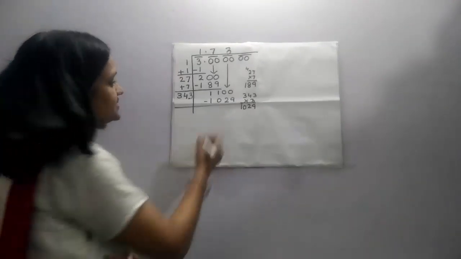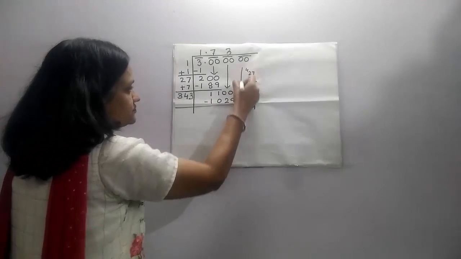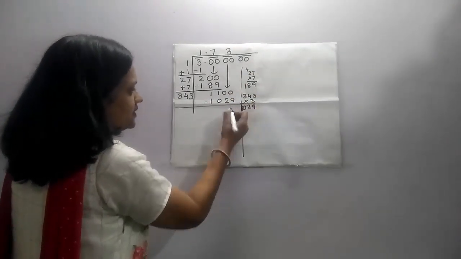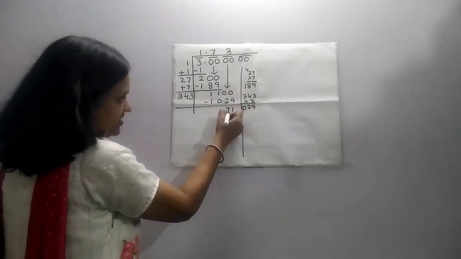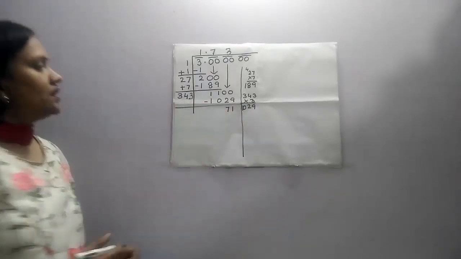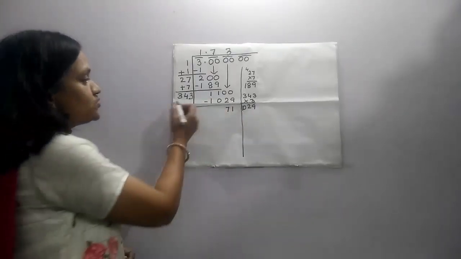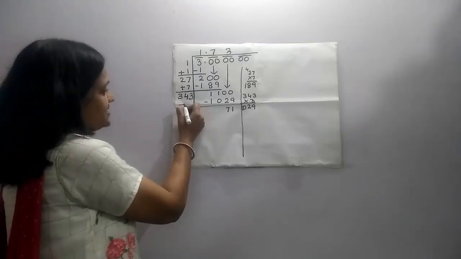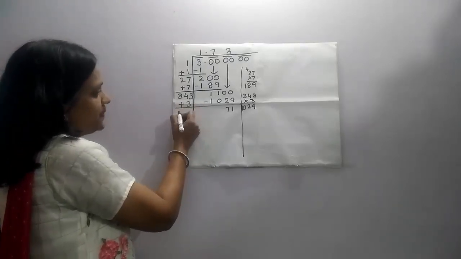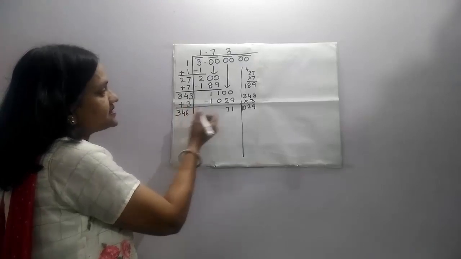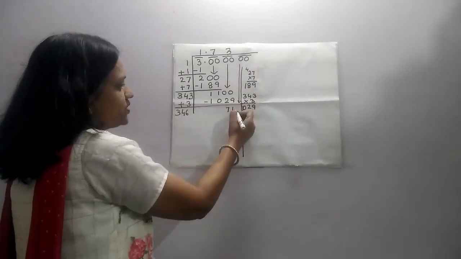So let's subtract and we get 1, 7 and a 0. Okay, so now which was the last digit I wrote here? 3. Let's write it again. 343 plus 3 is 346. Let's bring down the next set of zeros.